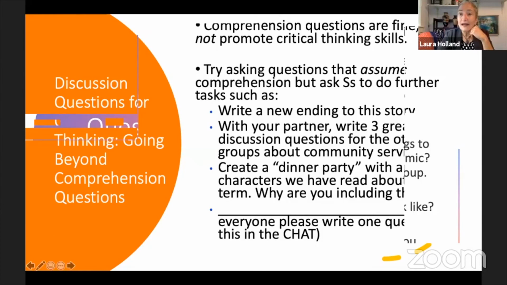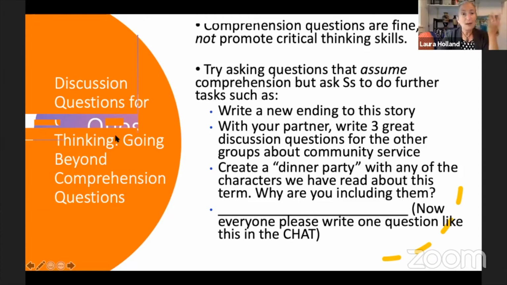So what if we try asking questions that assume comprehension, but ask students to do some further task, like write a new ending to this story, or with your partner, write 3 great discussion questions for other groups about community service, or create a dinner party with any of the characters that we've read about this term. Why are you including them? If you have any of those questions that you have done or would like to share, go ahead and put those in the chat.